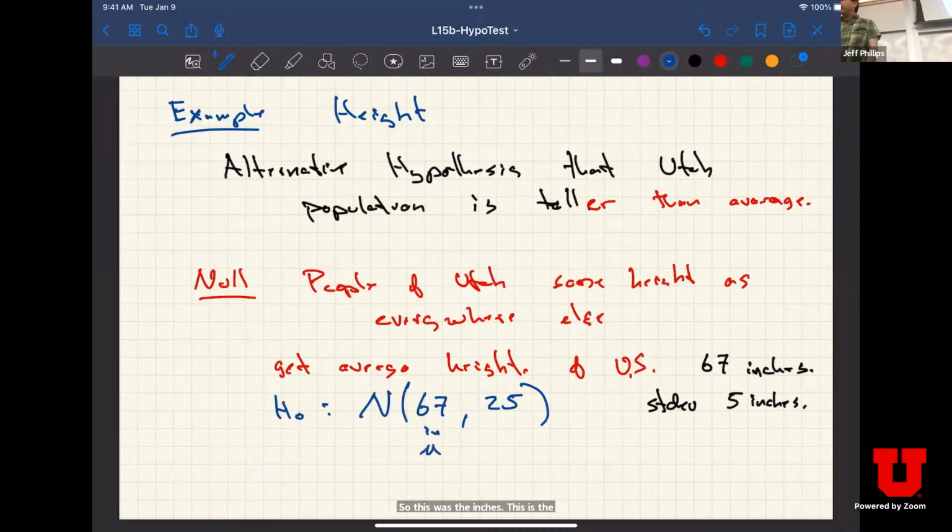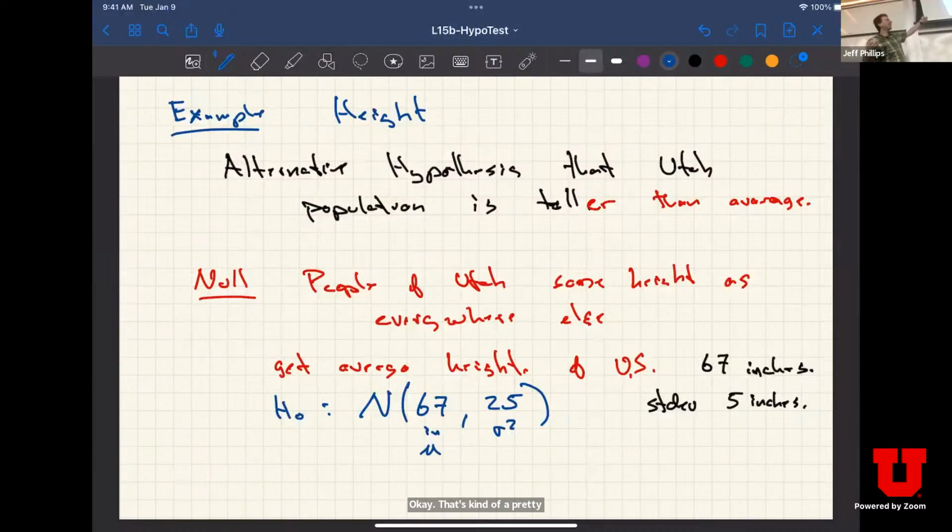This is the mean, and this will be the variance, in inches squared. Okay, so if I just have the mean and the variance and it's a continuous random variable, I'm probably going to use a normal distribution. That's a pretty good default.